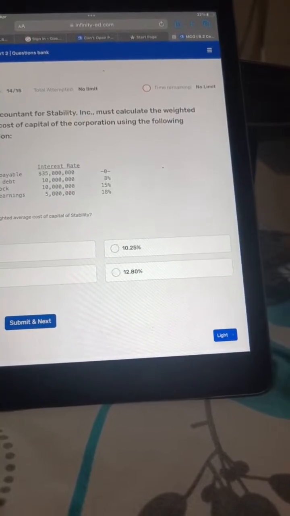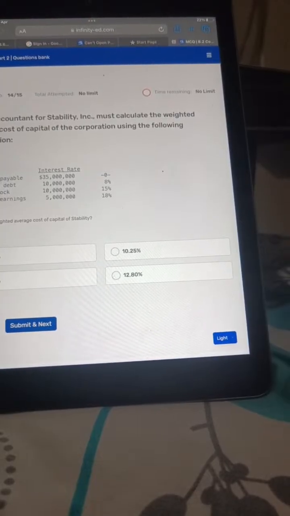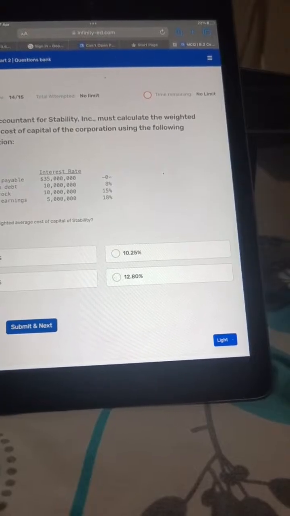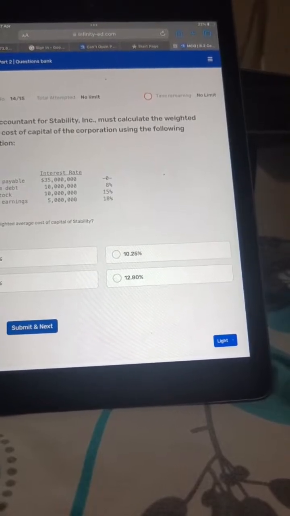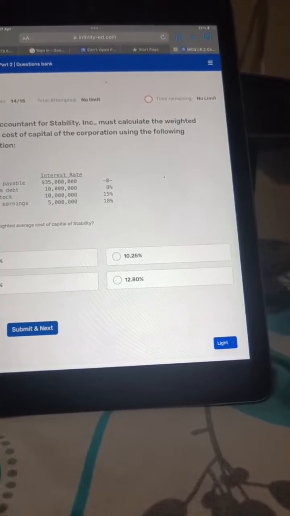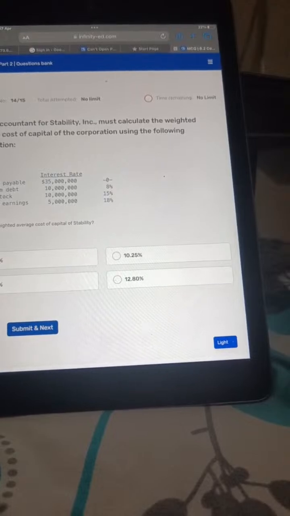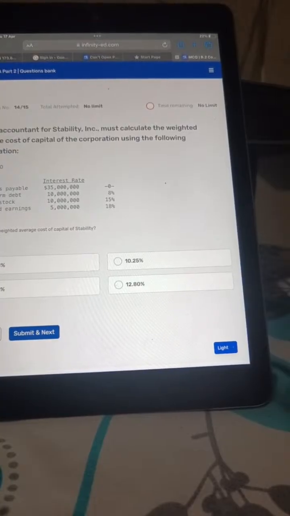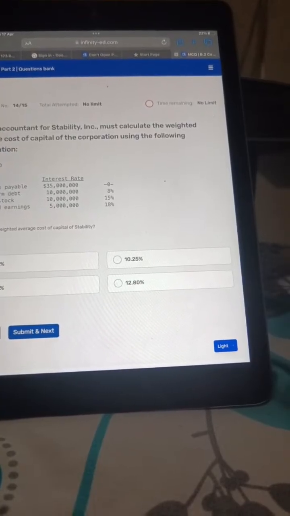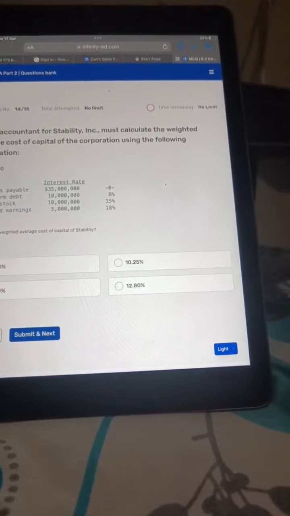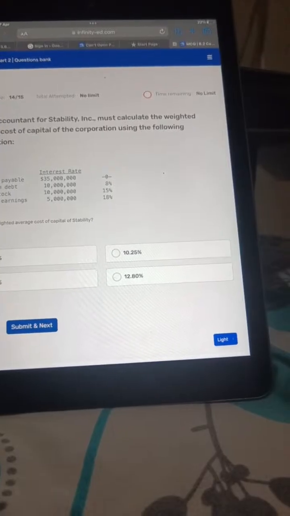That's why we have to calculate a simple weighted average, as the total capital structure is 25 million. 8 multiplied by 10 divided by 25 comes to 3.2.